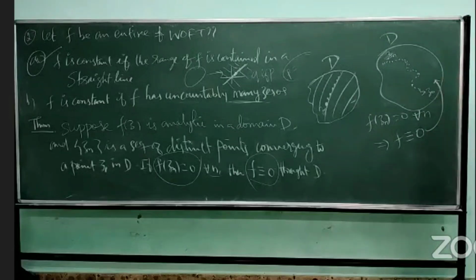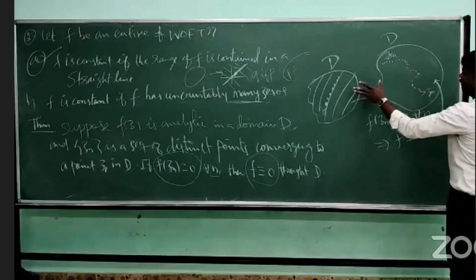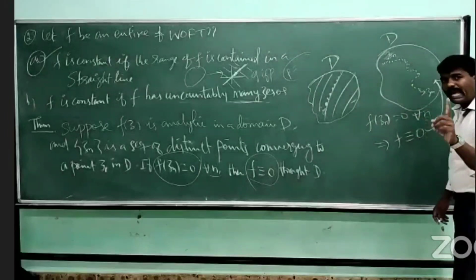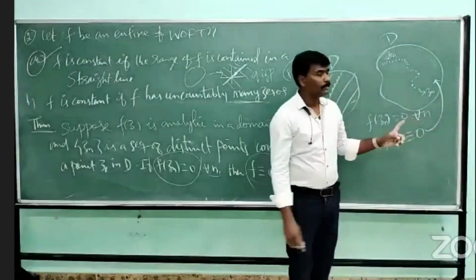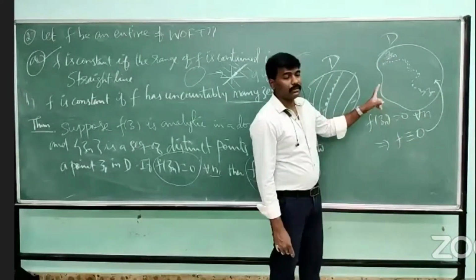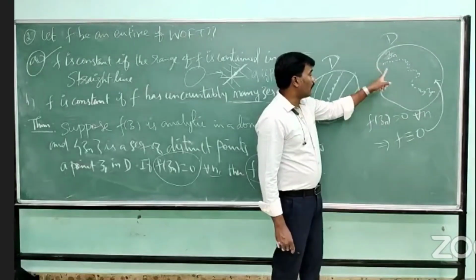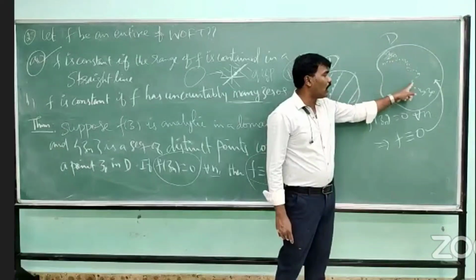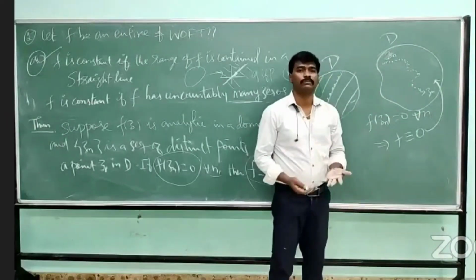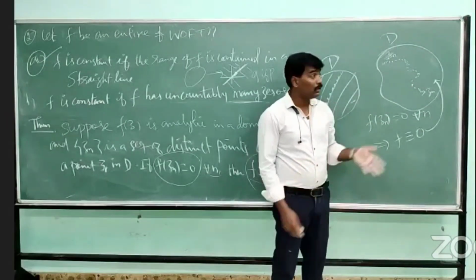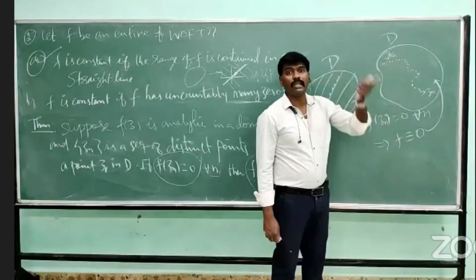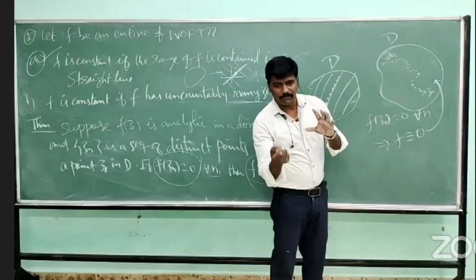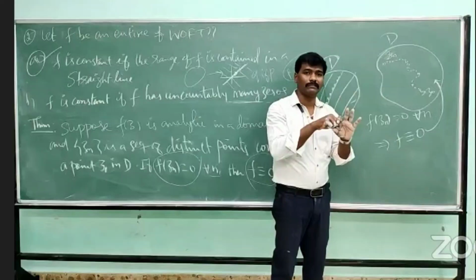every point. The thing is that I have an analytic function with Z1, Z2, Z3, Z4, and so on, all of which are zeros, roots of f.